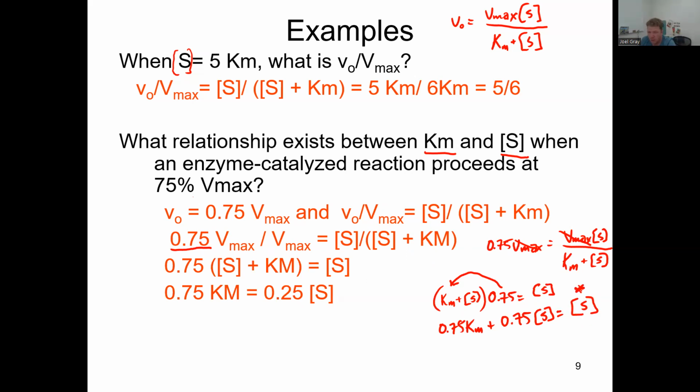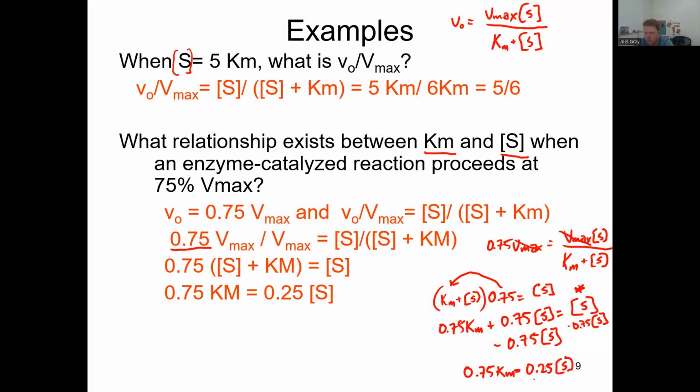This substrate concentration that's indicated right there on the right-hand side of the equation, that's the same as one substrate concentration. So minus 0.75 substrate concentration from each side gives us 0.75 Km equals 0.25 substrate concentration.